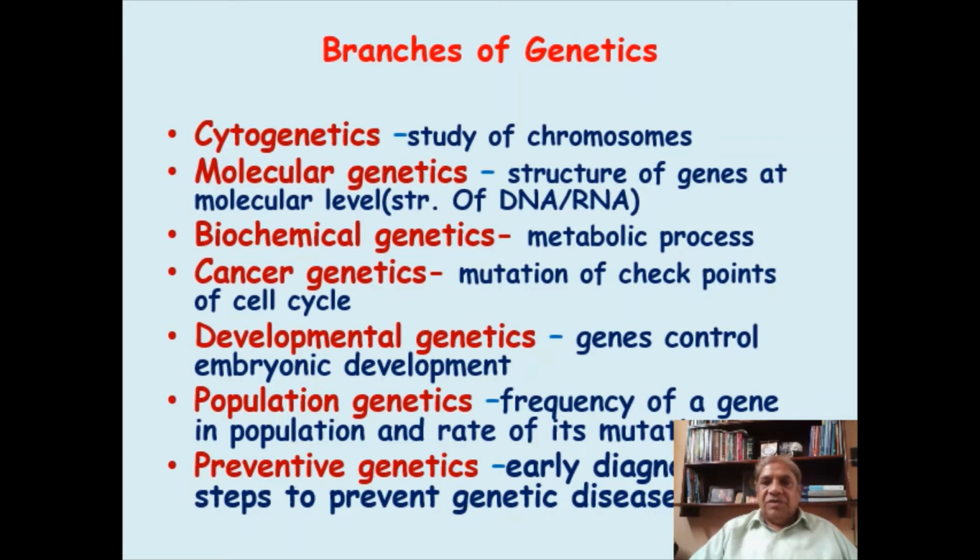You have to understand and deduce it with the help of an indirect method called X-ray crystallography. So molecular genetics is the branch of genetics which deals with the structure of genes at the molecular level, that is, the structure of DNA or RNA.